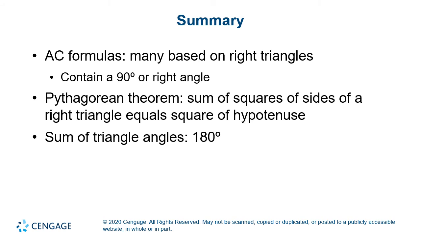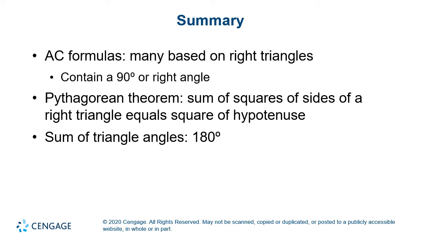To summarize all this information, keep in mind we're going to have a variety of AC or alternating current formulas. Many of them are going to be based on right triangles, and keep in mind what makes something a right triangle is that it has a 90-degree or right angle contained within it. One of the relationships we're going to use regularly is the Pythagorean theorem.